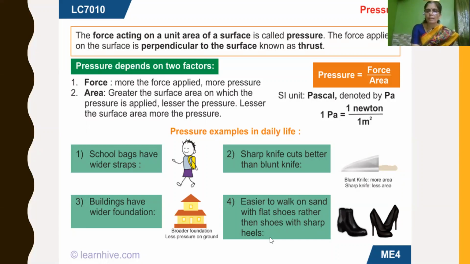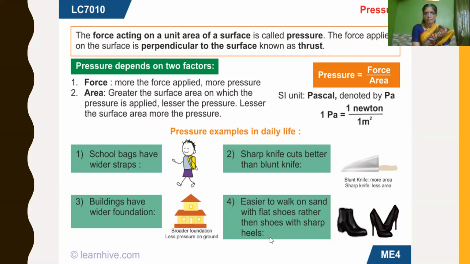The more the force applied, the more the pressure. The same way, regarding area, the greater the surface area, the lesser the pressure exerted. On the other hand, if the area is less, then the pressure exerted will be more, isn't it?